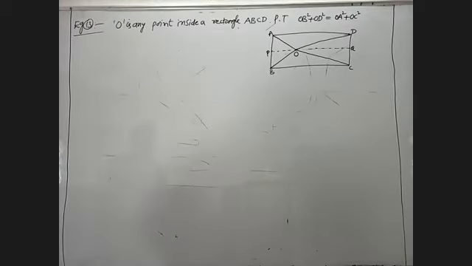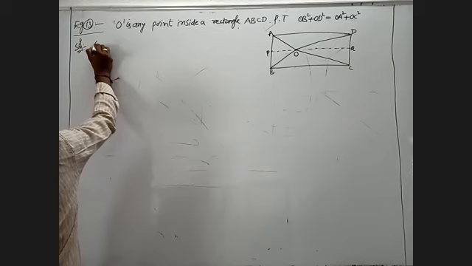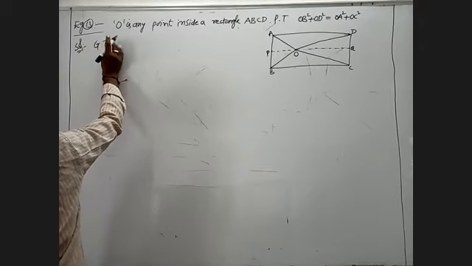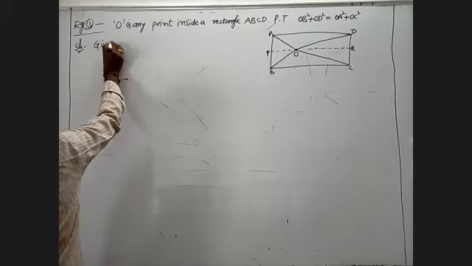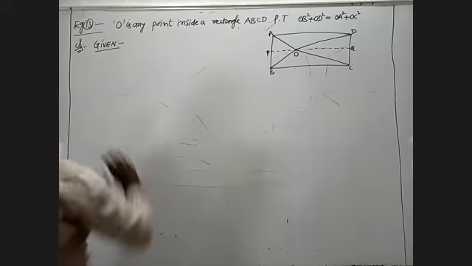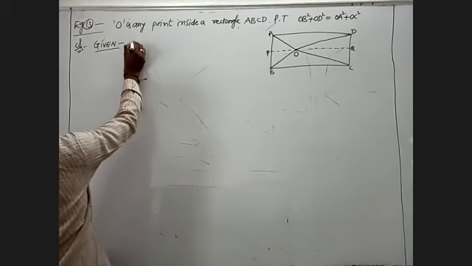First, I will write the solution. Given that, what is given in this one? O is any point inside a rectangle ABCD. That is the given.